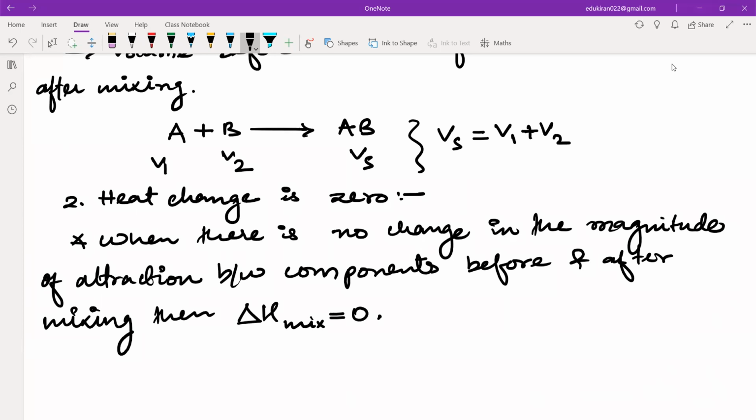The enthalpy change will be zero. So इसको ऐसे लिख लेते हैं. Delta H mixing will be zero लिख लेते हैं. बात आई समझ में सबको? Yes or no? Please tell me.